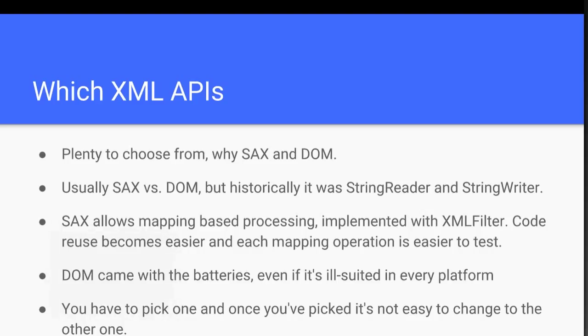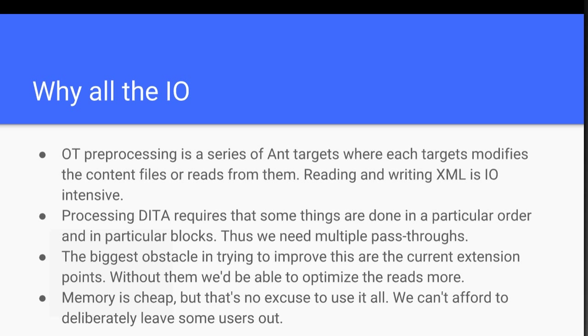But the problem with choosing any XML API or any technology is that once you select it, you're stuck with it. Or if someone else selected it for you, you're still stuck with it. So Open Toolkit is quite I/O expensive, I/O meaning input-output, meaning reading and writing.